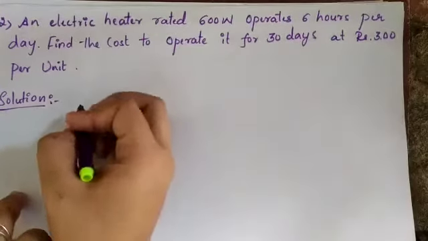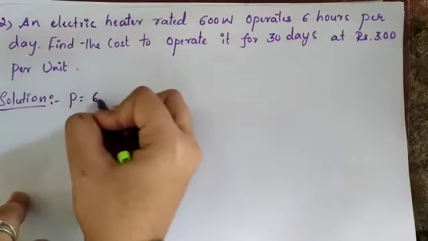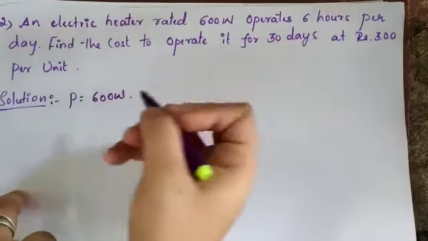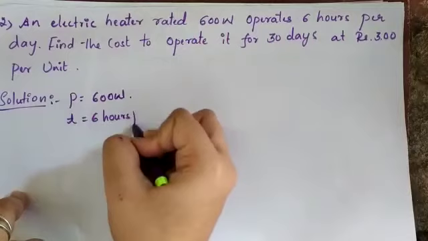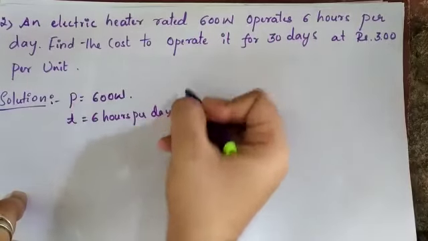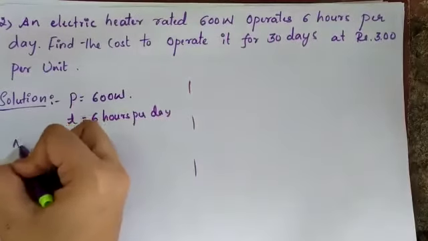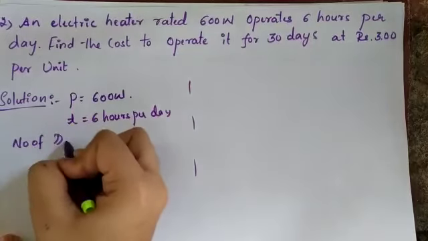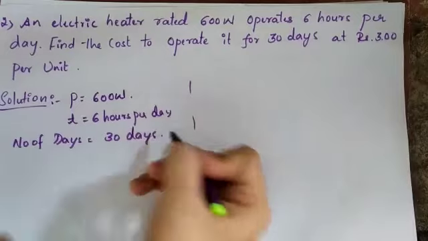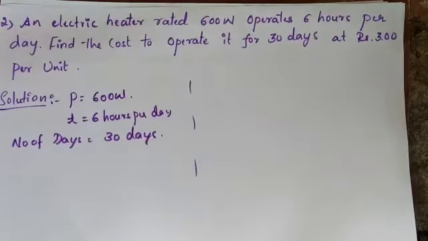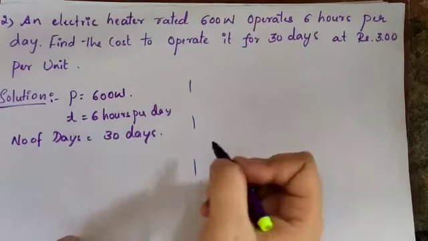First, what are the things they have given? Power is equal to 600 watt, isn't it? Time they have given is 6 hours per day. And the number of days given is 30 days, isn't it? So what is the formula? First we have to find the energy consumed.